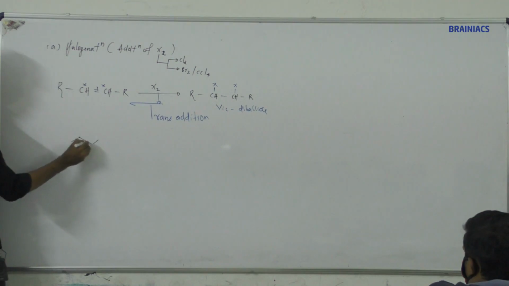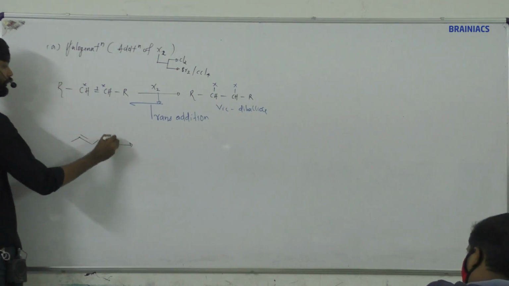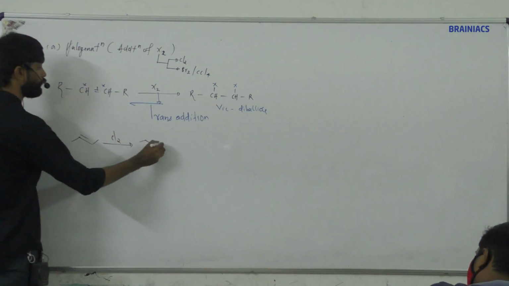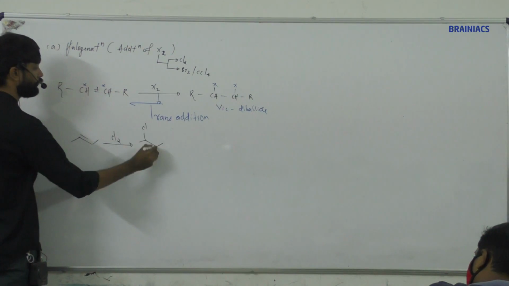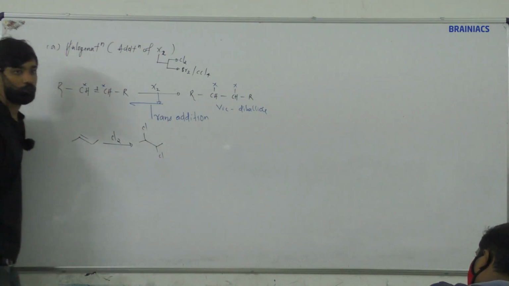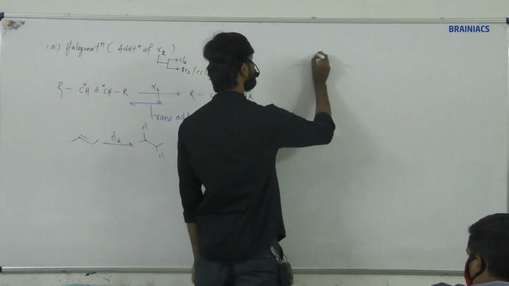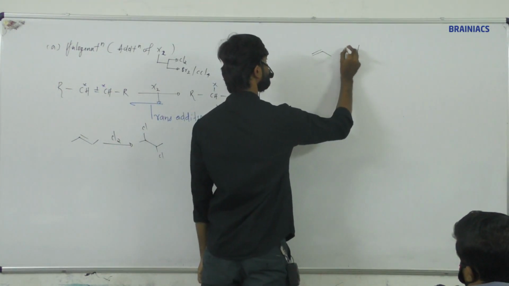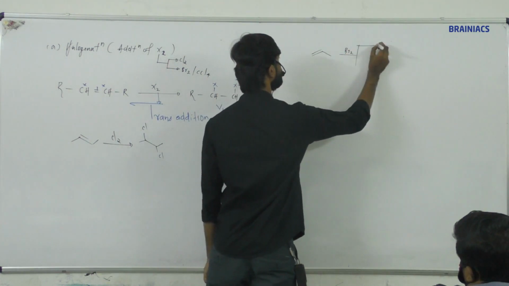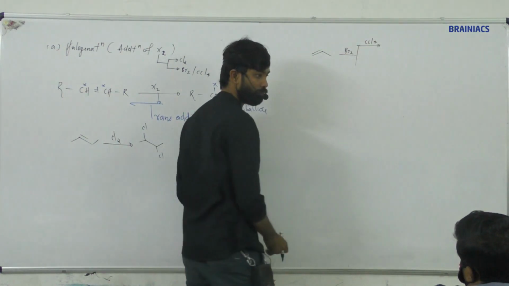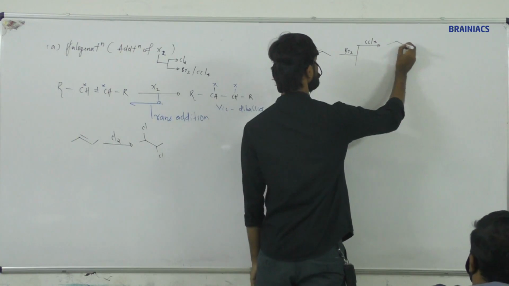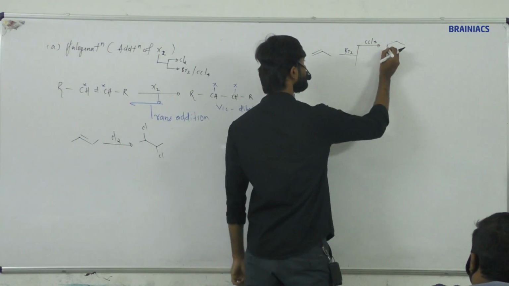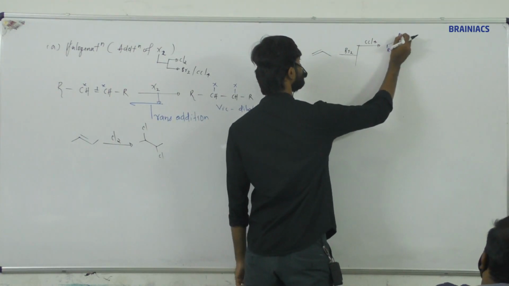Structural examples are very easy. If I have butene and chlorinate it, what happens? Here is a chlorine, here also chlorine. If I have propene brominated in the presence of CCl4, what happens? Here is a bromine, here also.